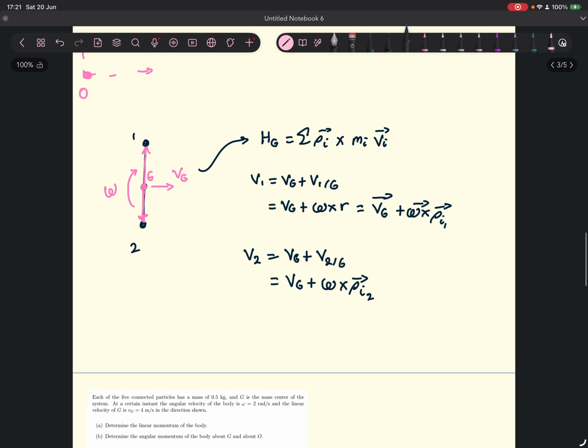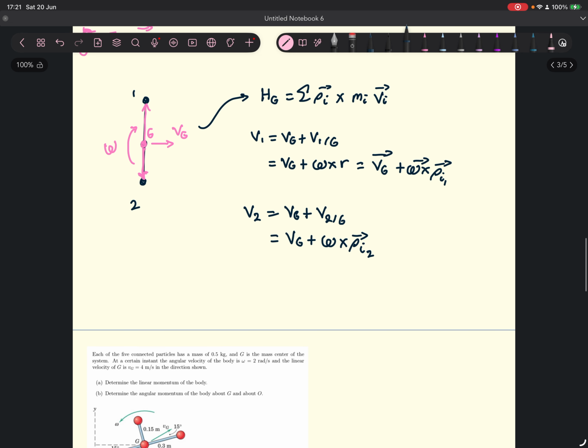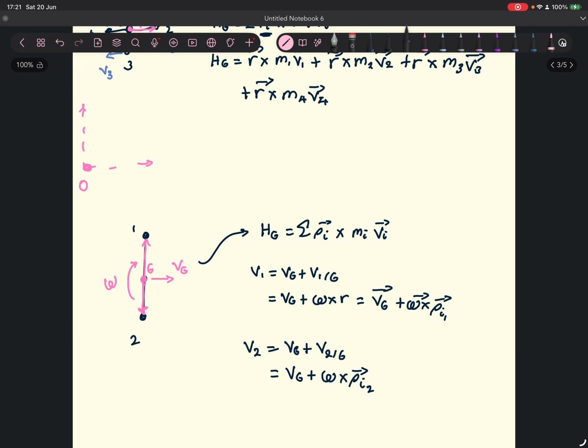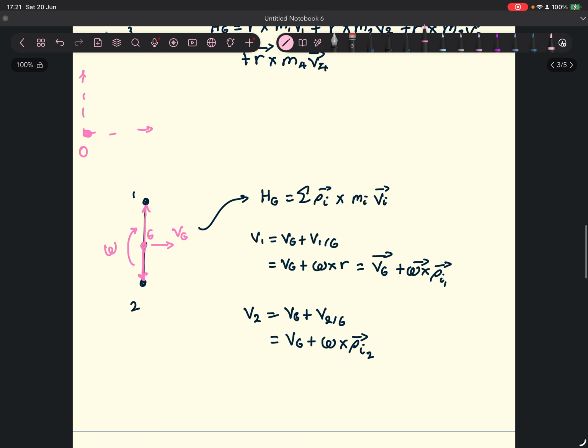Cool. Then, hopefully you can see that each particle is going to have a velocity caused by its rotation around point G. So this thing is rotating and it's translating. So each point or each particle is going to have a velocity due to rotation, right? And a velocity due to translation.